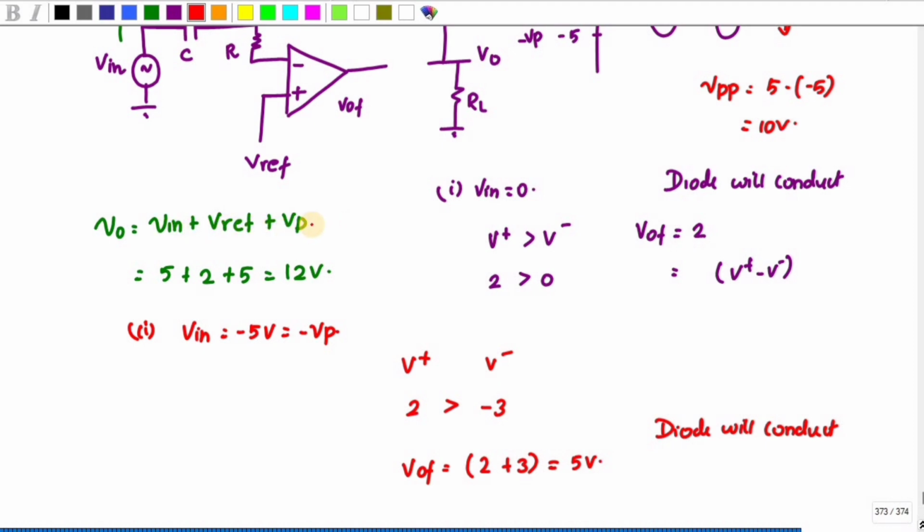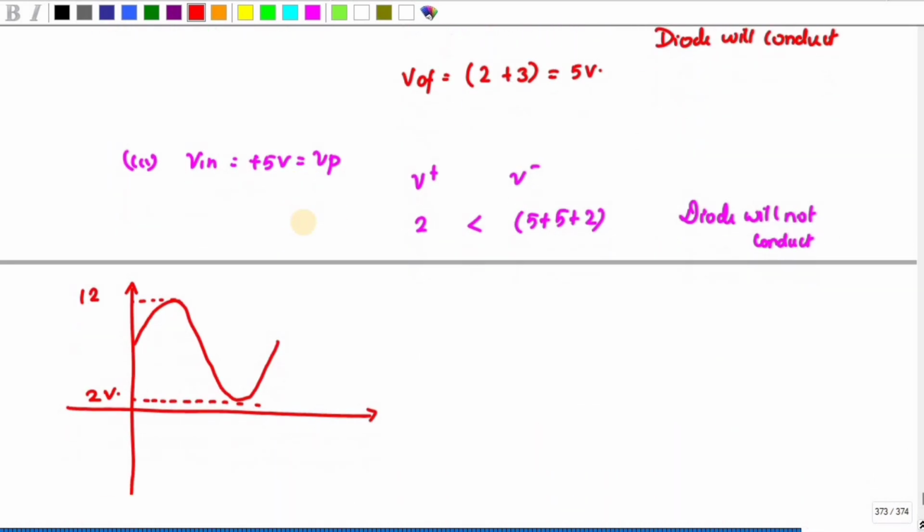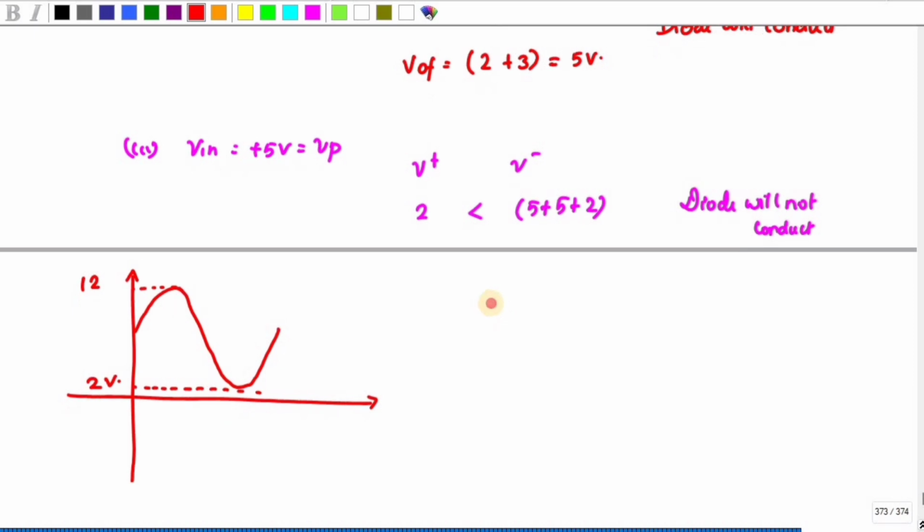I can write V0 is equal to V in plus V reference plus VP.